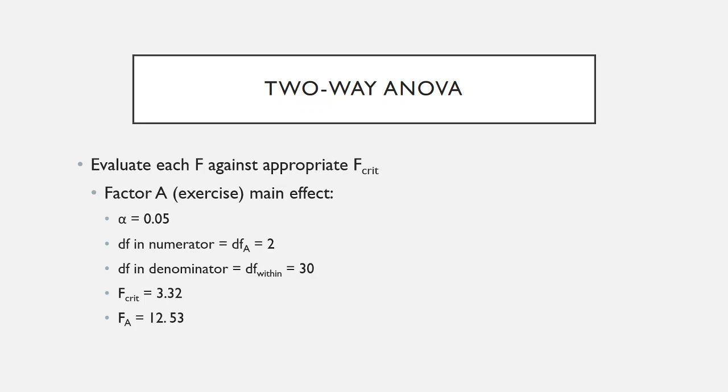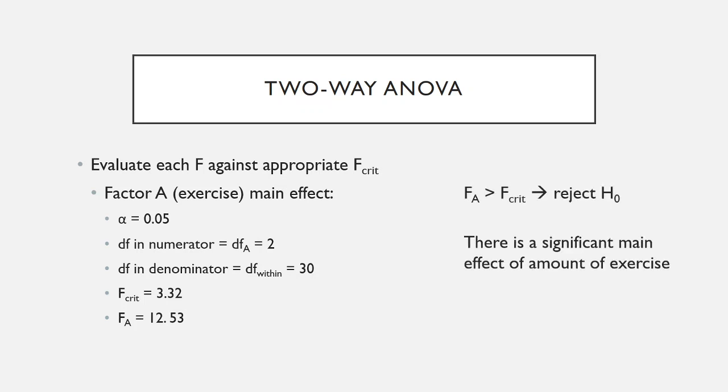Okay, so again, you're going to need degrees of freedom and significance level to figure out your critical F value. In the context of this first main effect, you've got your degrees of freedom between and within. That would yield a critical F value of 3.32, and your obtained F for the main effect of factor A exceeds the critical value.